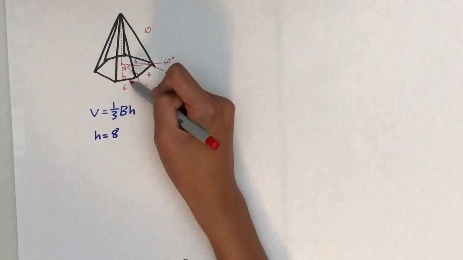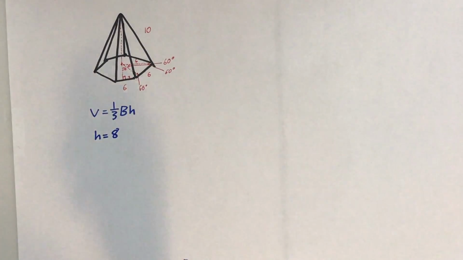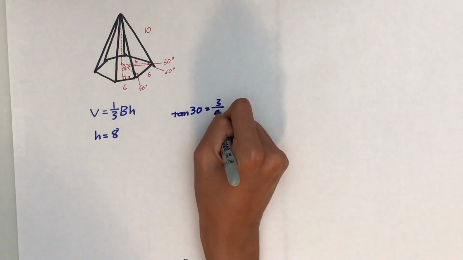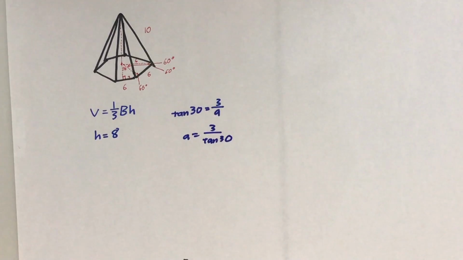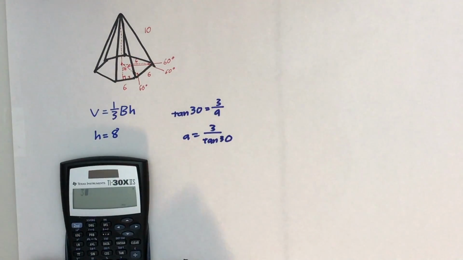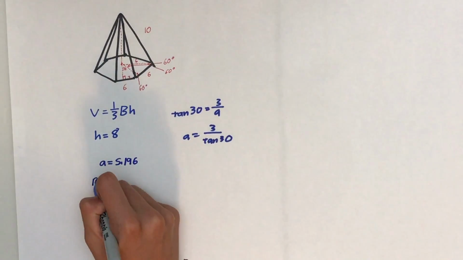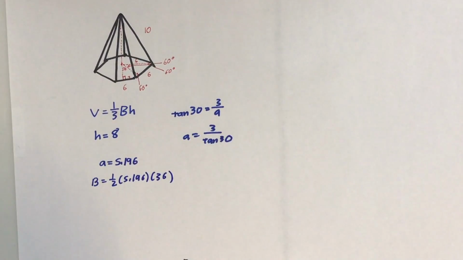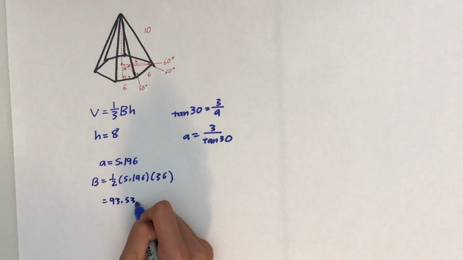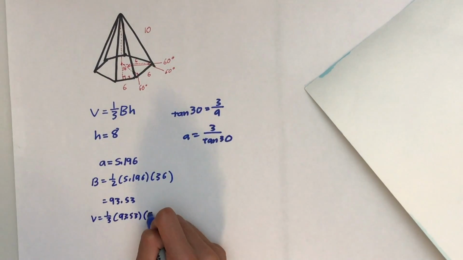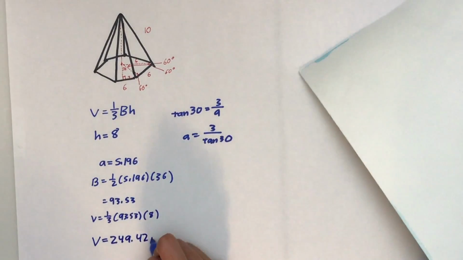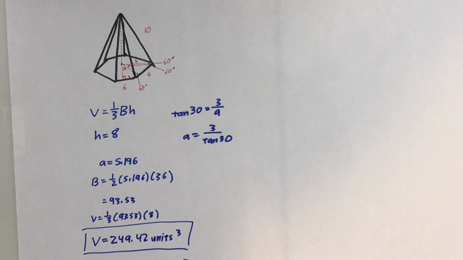Then we can form a 30-60-90 triangle using the apothem, radius, and 1/2 of the base edge. Then we can use trigonometric ratios to find the length of the apothem. After that, we can find the area of the base by multiplying 1/2 times the apothem times the perimeter. After that, we just multiply the base area by the height of the pyramid, multiply by 1/3, and we get the volume, which is 249.42 cubic units.